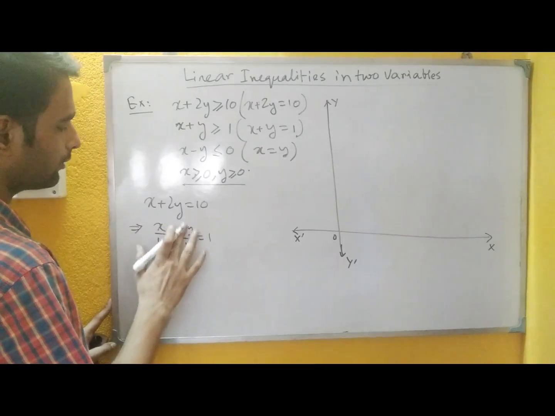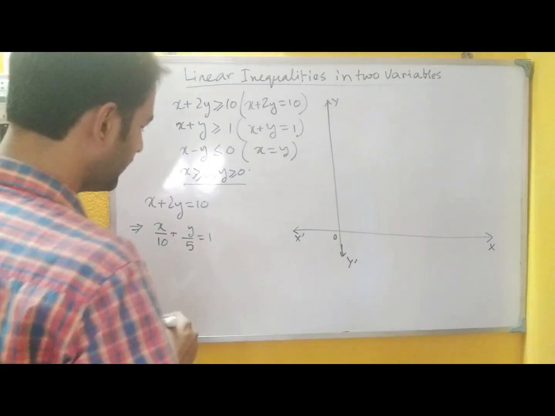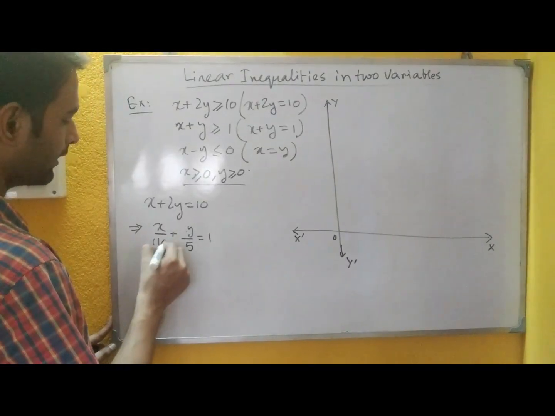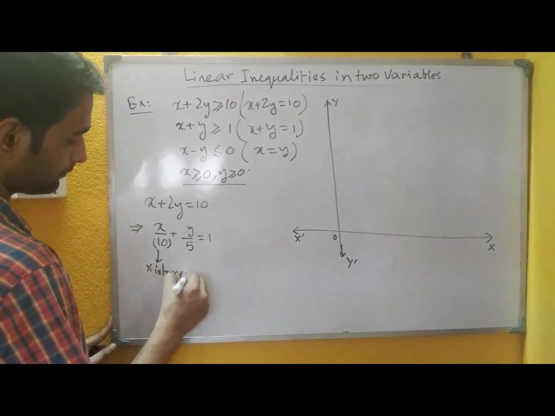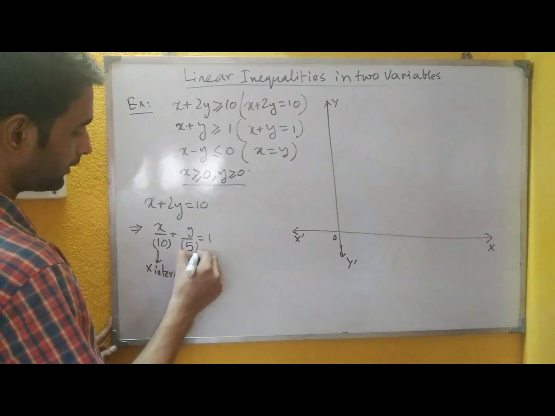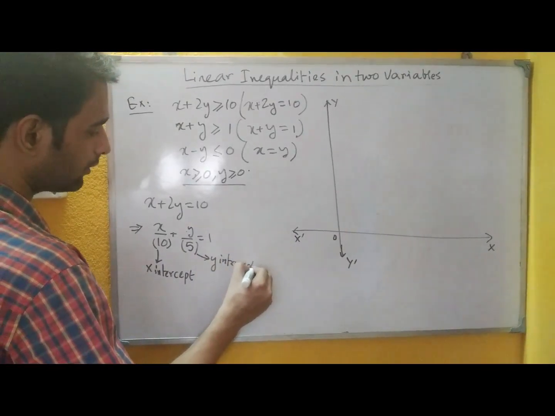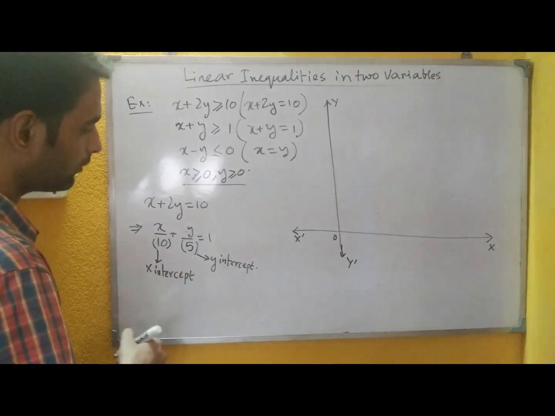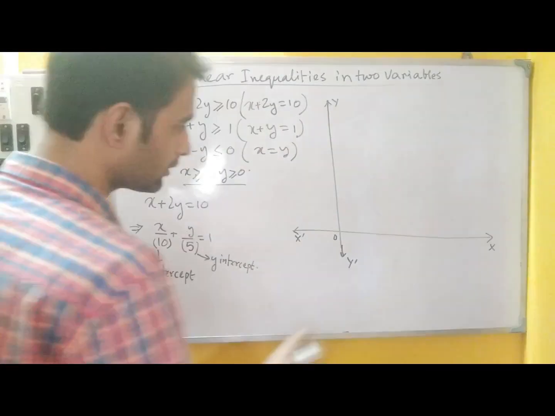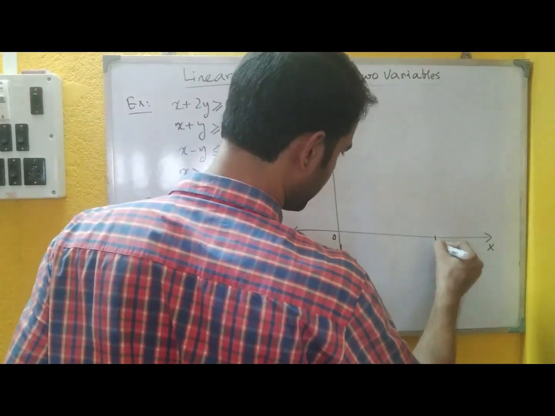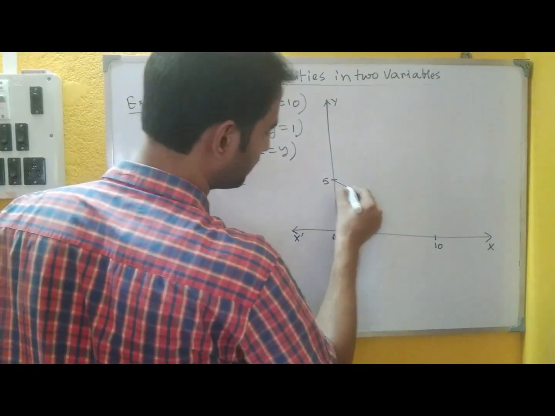Then we will cancel out this factor 2 and we will get y by 5. And what is the advantage of this? This 10 here is the x-intercept, and this 5 here is the y-intercept. So if you convert the line in this form, it will be easier to draw the line. So you take the x-intercept here as 10, you take y-intercept as 5, and join the line.